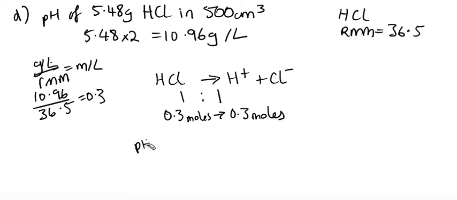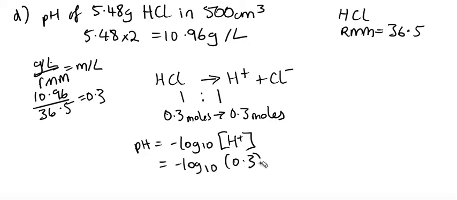Then when I put that into my pH formula, minus log to the base 10 hydrogen ion concentration, which in this case is minus log to the base 10 of 0.3, and I will get an answer of 0.5228, which is 0.52 when you round it.